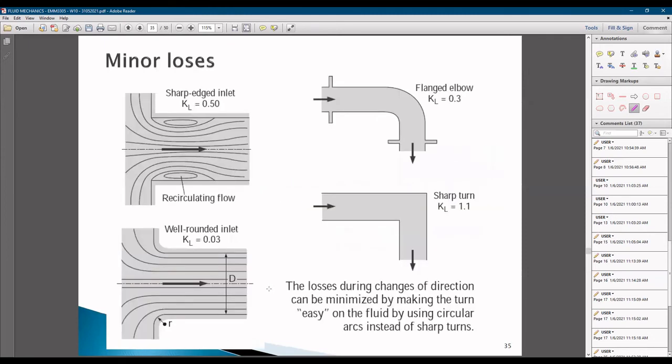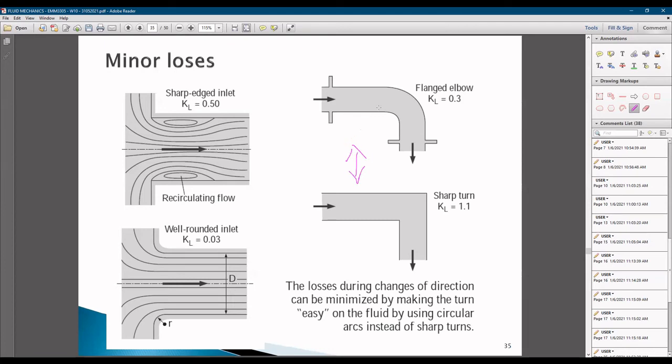Okay. For the minor losses, as we have discussed, or I have shown earlier, it is more like a T section, right? And it is the elbow where the flow is coming in through this. It is a very sharp turn. So as you can see, try to compare between this and this one down here.